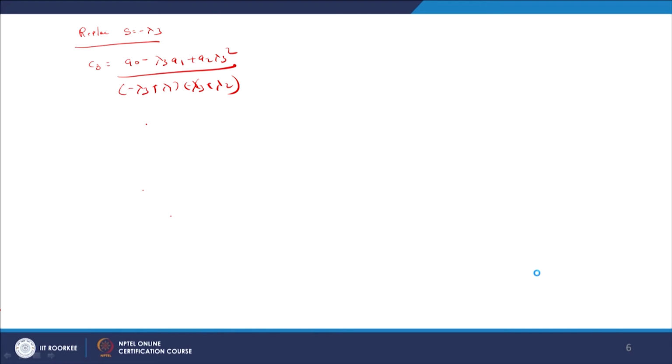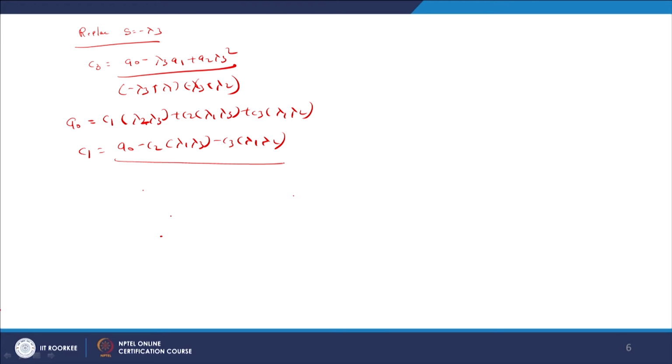We will get A0 equals to C1 lambda 2 lambda 3 plus C2 lambda 1 lambda 3 plus C3 lambda 1 lambda 2, and from this you can get the value of C1 equals to A0 minus C2 lambda 1 into lambda 3 minus C3 lambda 1 into lambda 2, divided by lambda 2 into lambda 3.